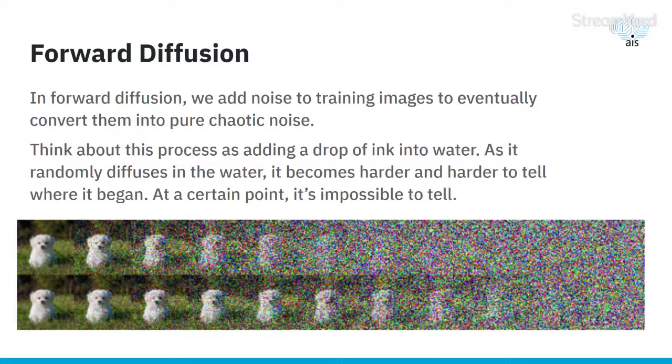Think of it like how real life diffusion works. If you were to put a drop of ink in water, after enough time, you won't be able to tell where that drop was put. But earlier in the process, you would be able to tell, you have a better and better idea as to where that drop came from. This is a similar process.